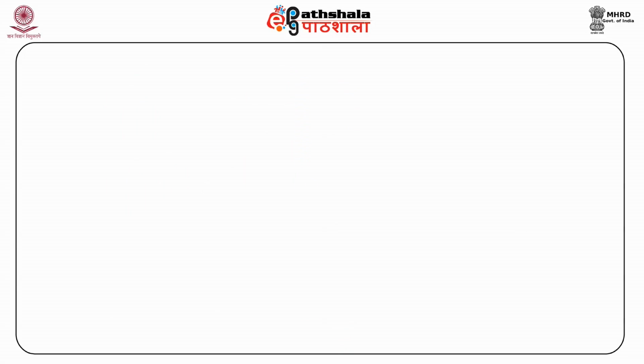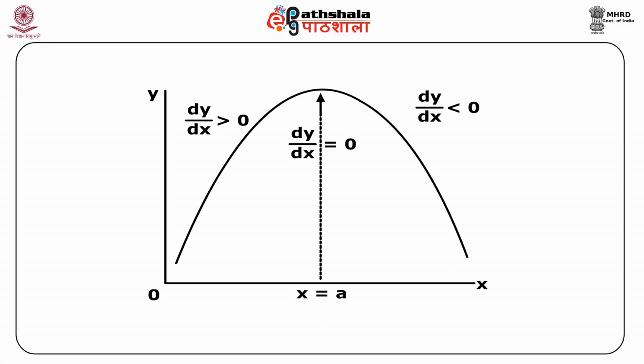Now let us study how the second derivative affects the shape of the graph or curve. The figure shows a concave curve in which at different points on the curve the sign of the first derivative, that is dy by dx, differs. At points on the extreme left of the curve, the first derivative is greater than 0 as the curve is rising initially.